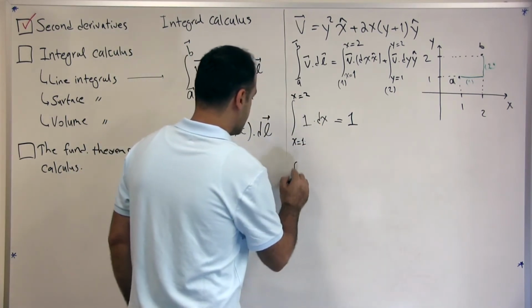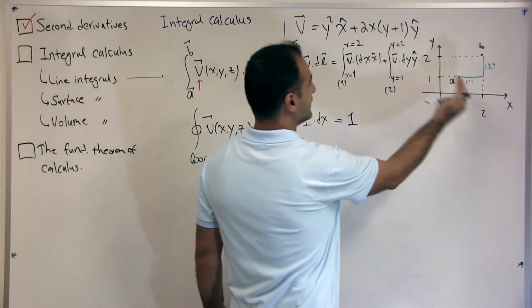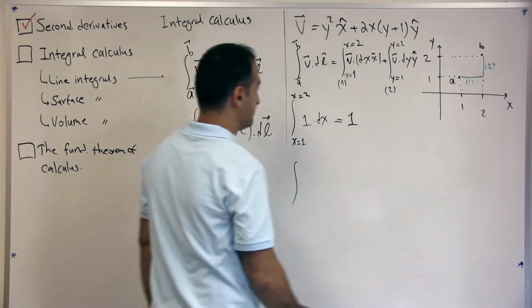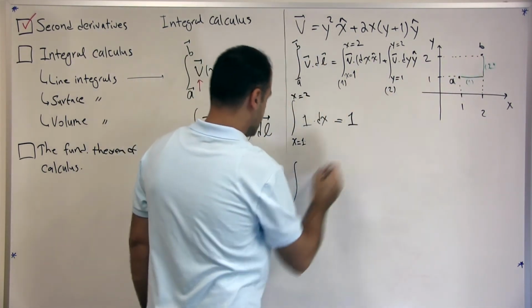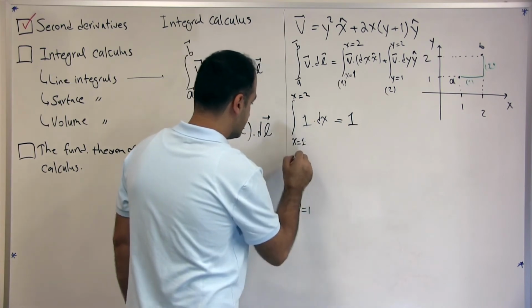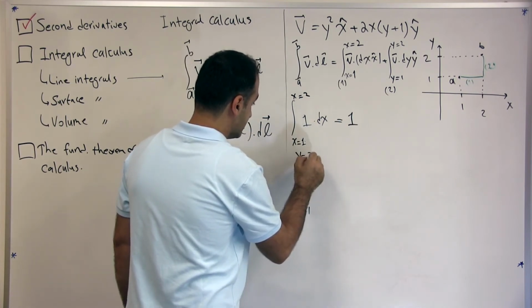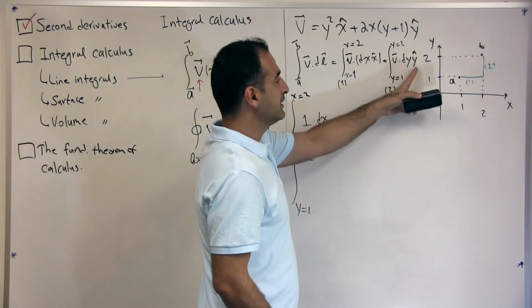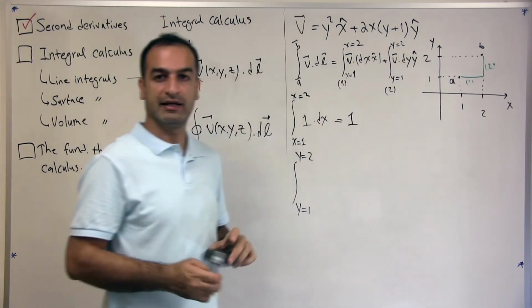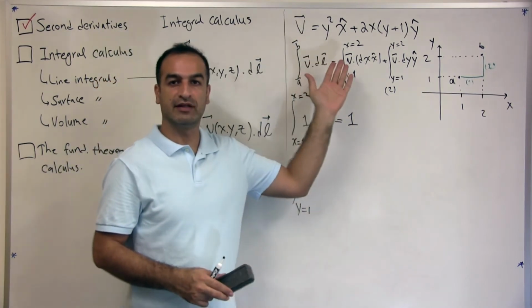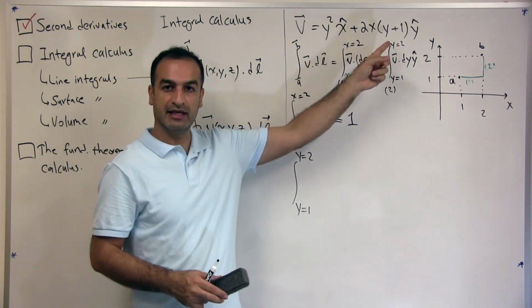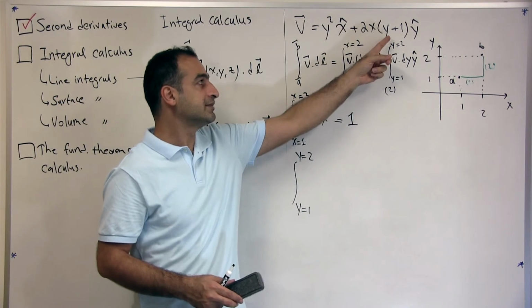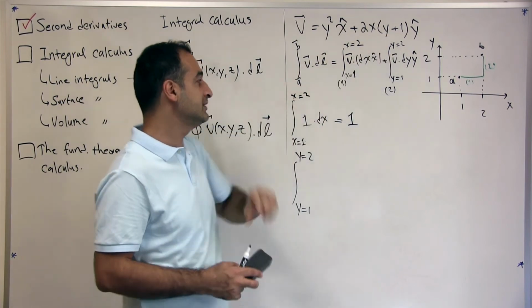For the second integral, we are moving in the y direction, and the limit of the integral is from y equal 1 to y equal 2, and the dot product is with y hat. In the function, I need to keep the second part, because that's the only component in the y direction.